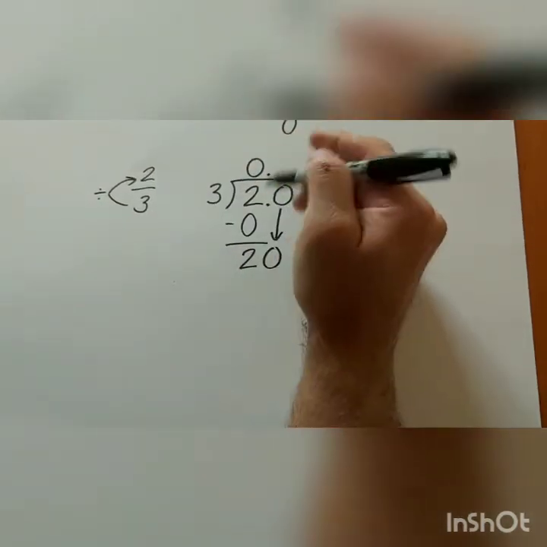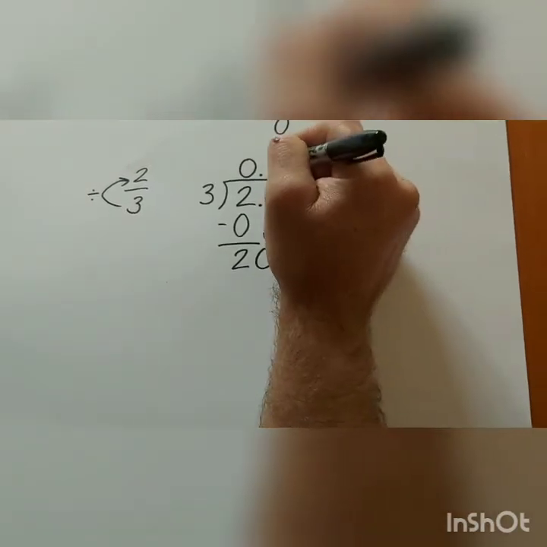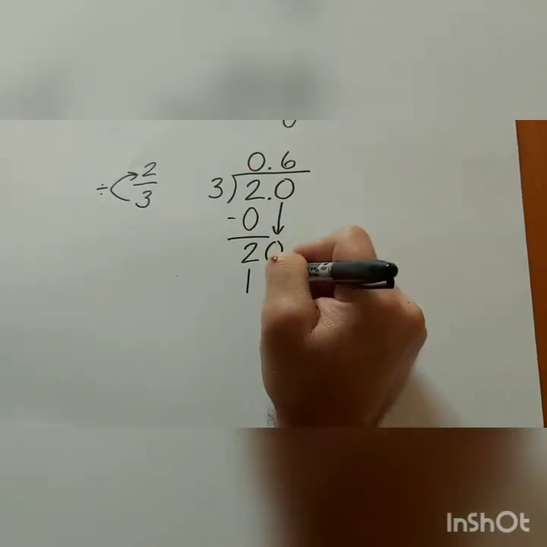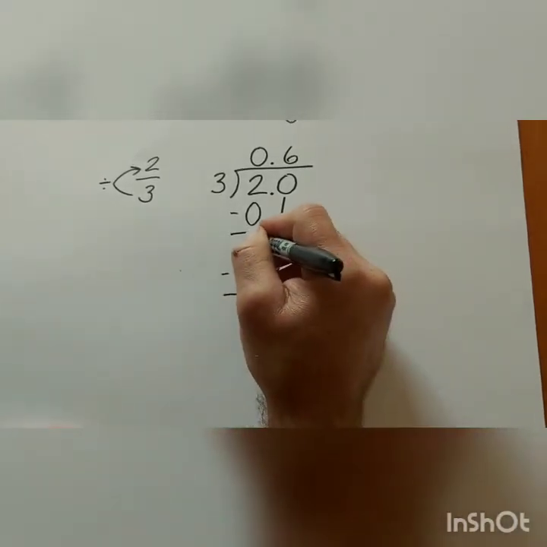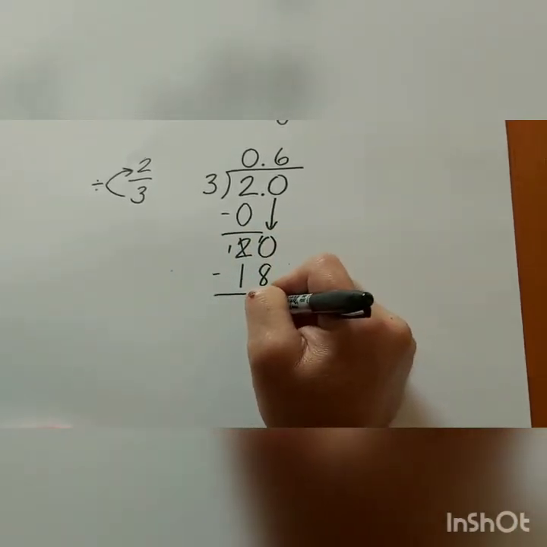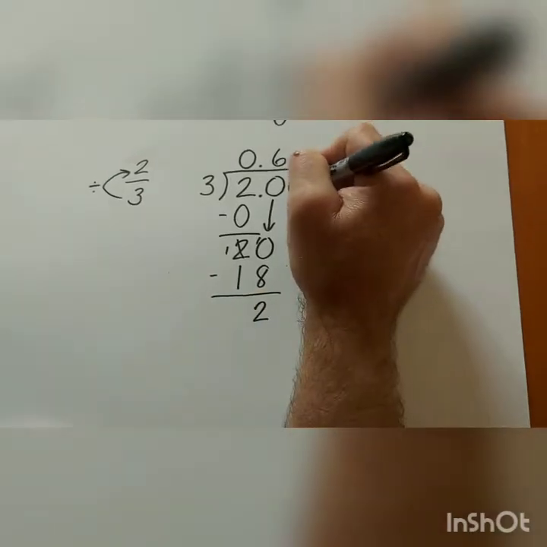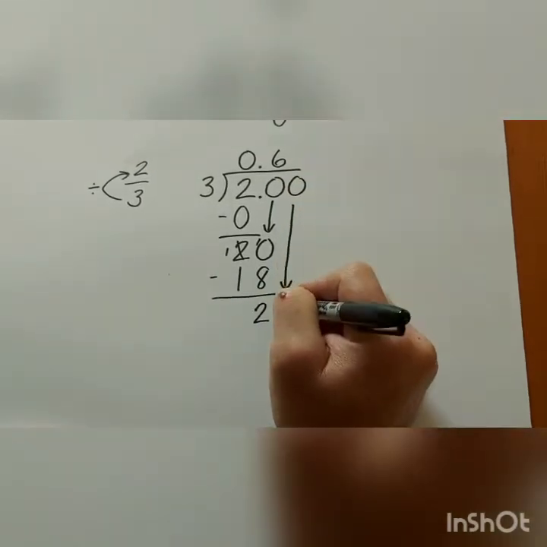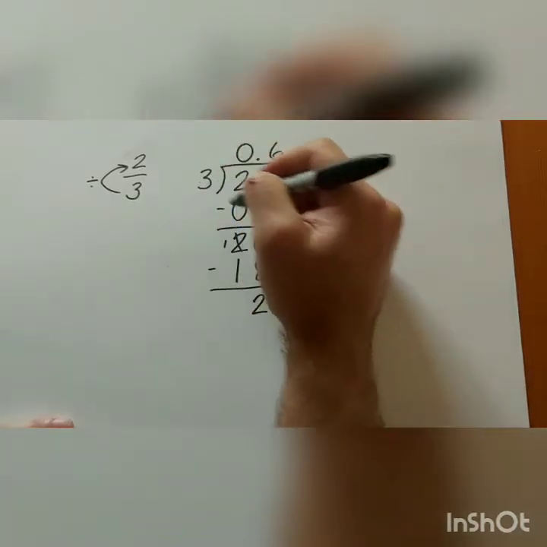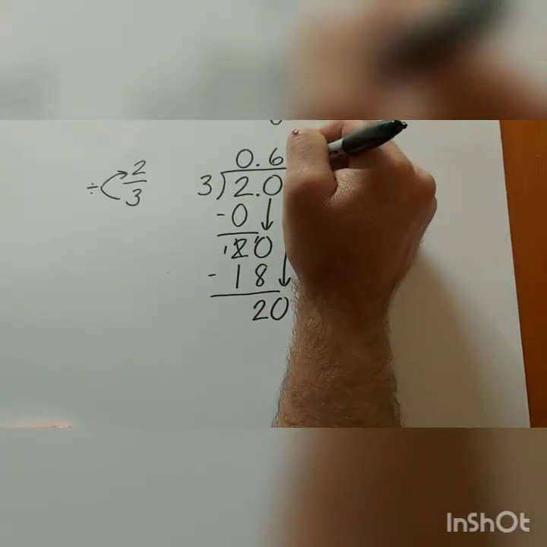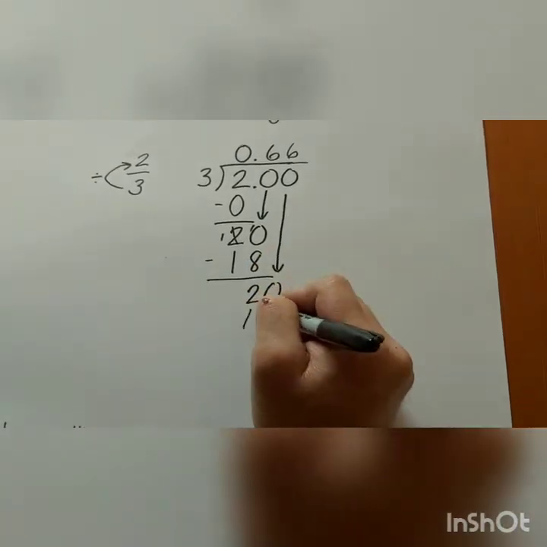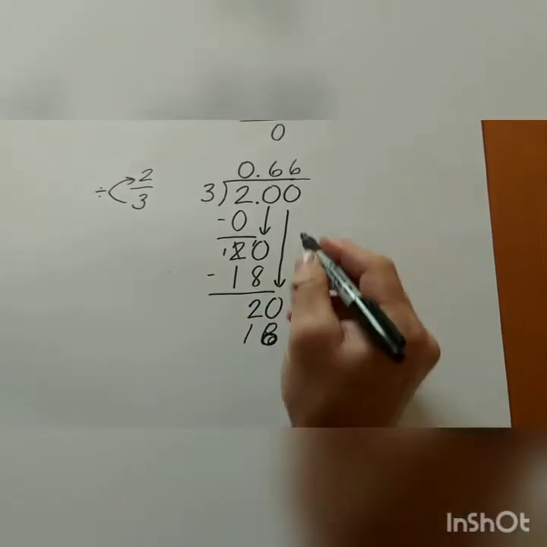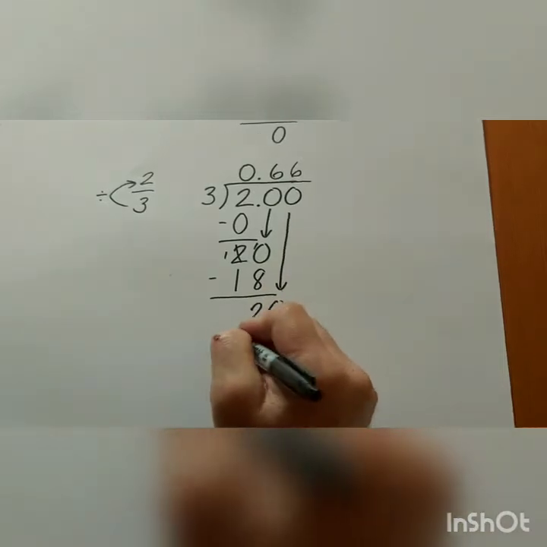3 into 20 goes 6 times. 6 times 3 is 18. And very quickly, you're going to see a repeating pattern here. When we subtract this, we're going to get a 2. We bring it down. And you're going to see that no matter how many times we do this, dividing 3 into 20, I'm ahead of myself. 3 times 6 is 18.